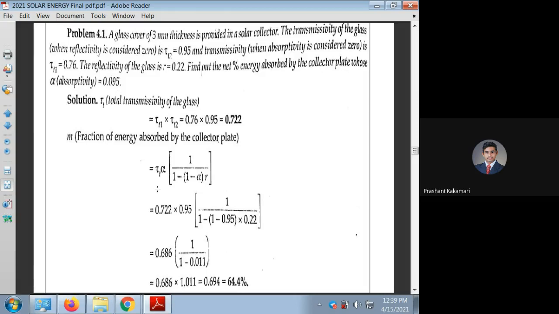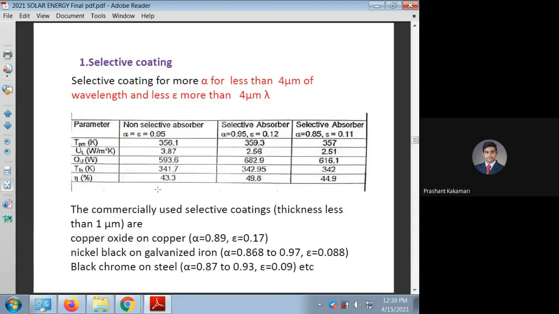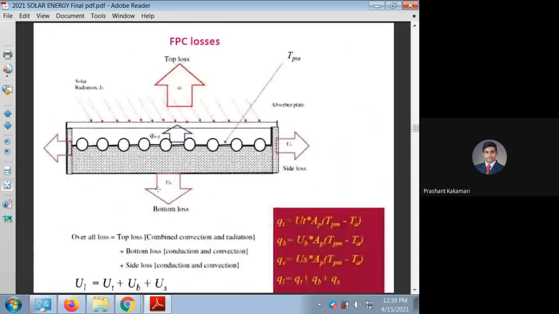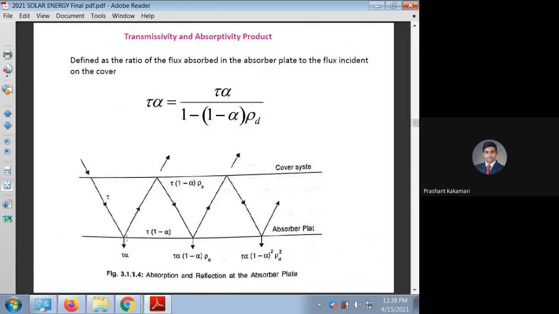Now going back to the energy absorbed by the collector. See what I told. Effective radiation falling on the absorber plate is this phenomenon. Here, this is the plate, this is the glass cover system. What is the equation we have to use for transmitting and absorbing product or the percentage of energy absorbed by the plate?